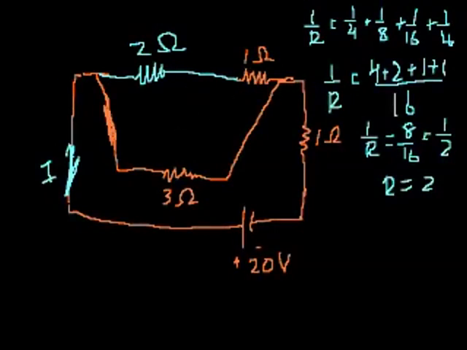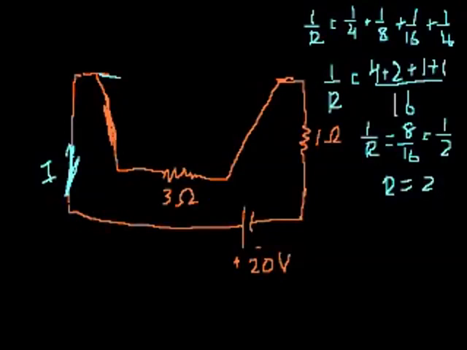So let's erase and simplify. So then we get that combined resistor, right? We had the 2 ohm that we had simplified, and then we had a 1 ohm in series, so those simplified to 3 ohms. Well, now this is getting really simple.